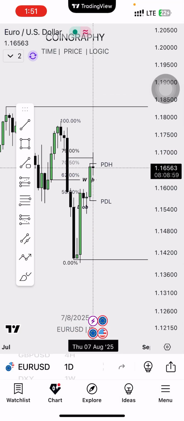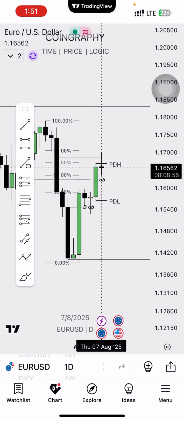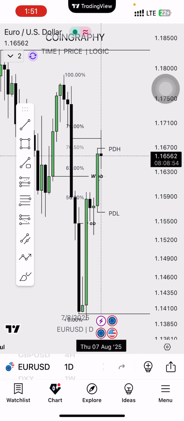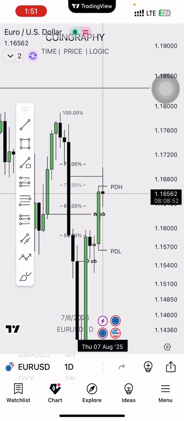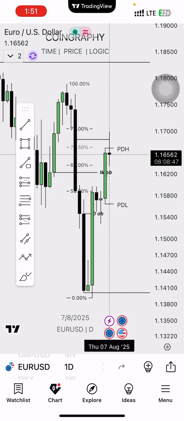I was expecting price to move higher to the OTE levels, that's the 0.75%, and then retrace or move lower from there, coupled with the weekly order block that we had.